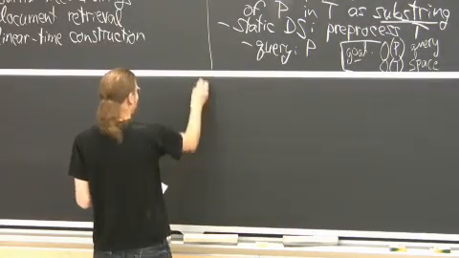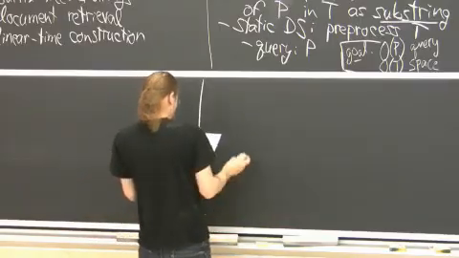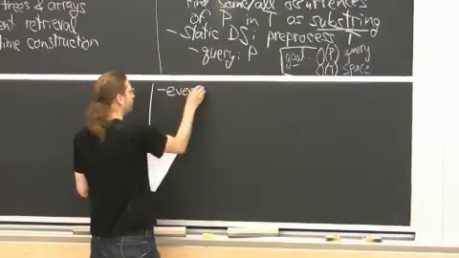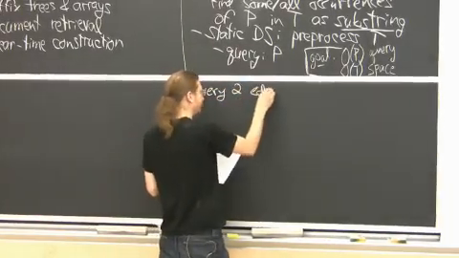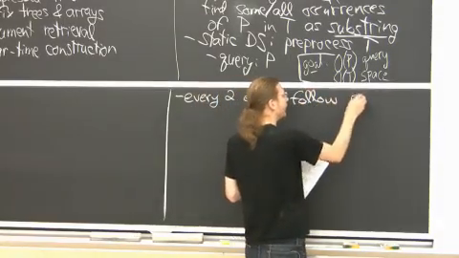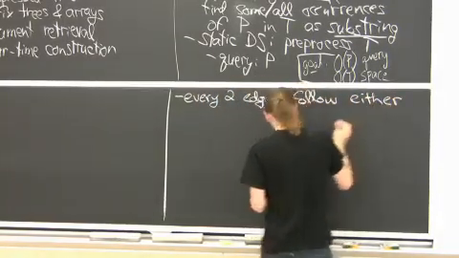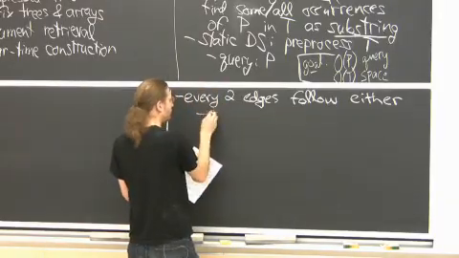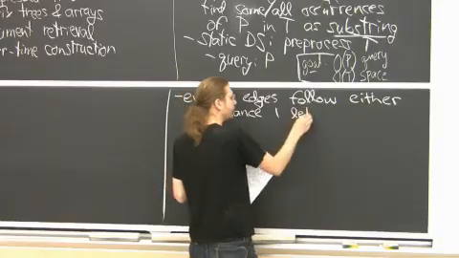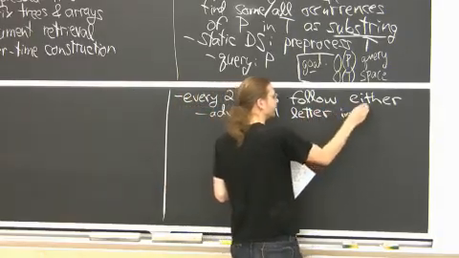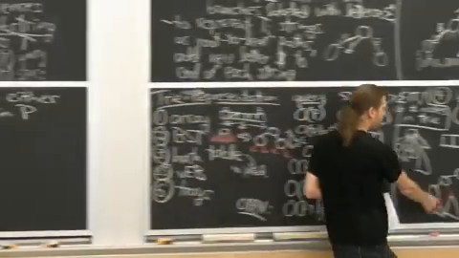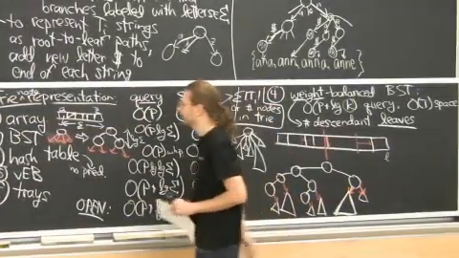So what's the claim? Claim is every two edges you follow, either advance one letter in P. These are the red edges that we want to follow. So if we follow a red edge, then we've made progress to the next node.